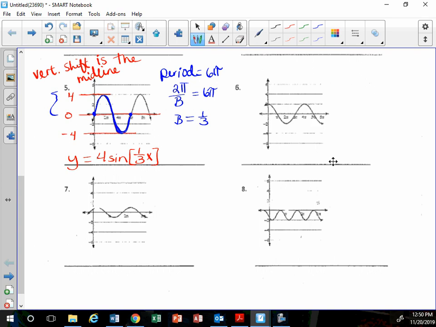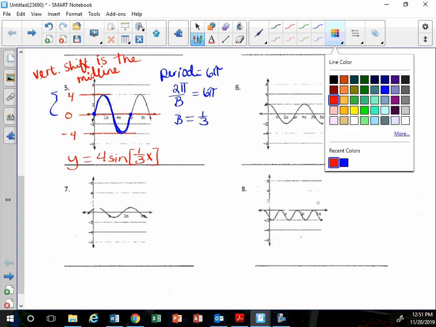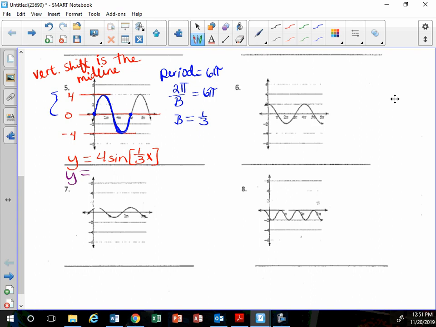Now we're going to try it as a cosine equation. Most of it stays the same. You just have to have a phase shift. If I'm doing cosine, is the amplitude going to change? No, that's still 4. The b value is still 1/3.